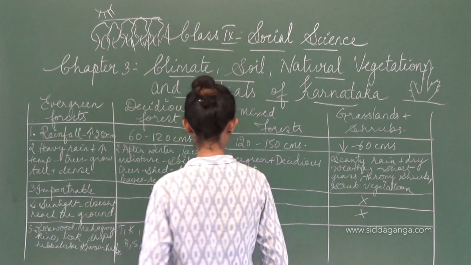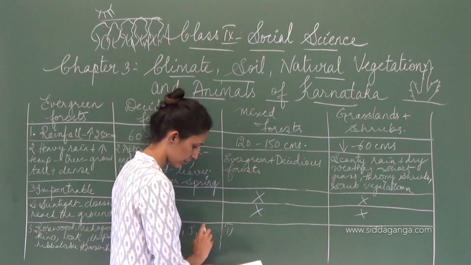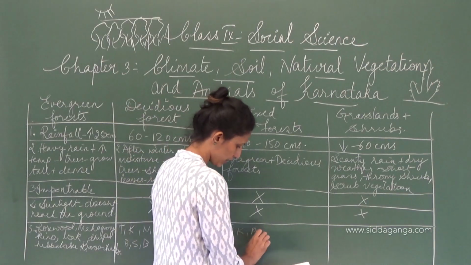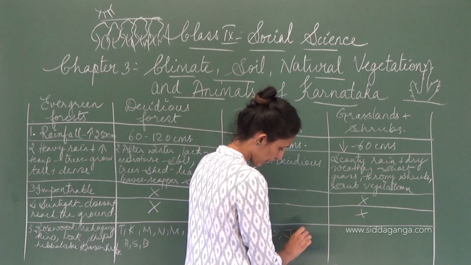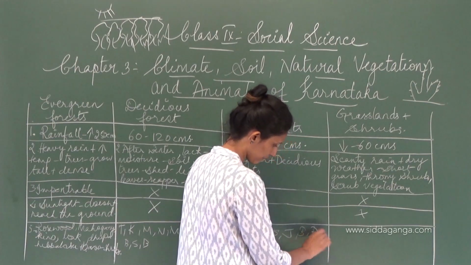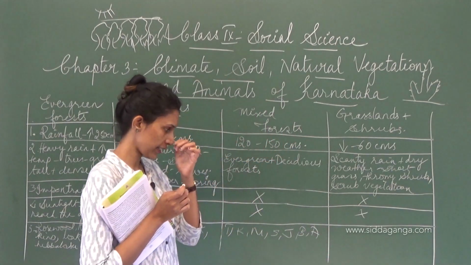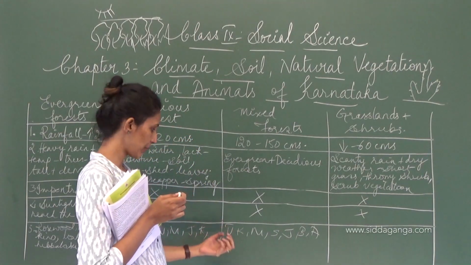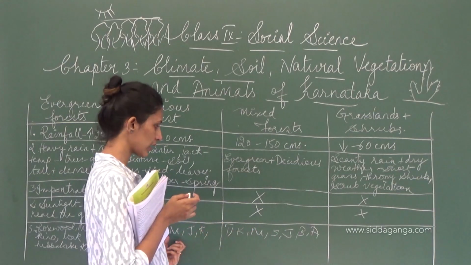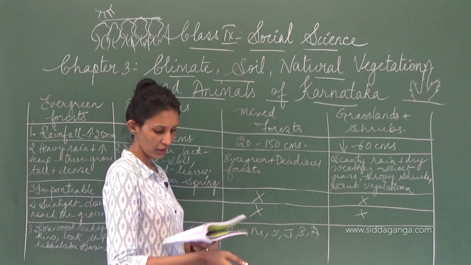Here again, see, in mixed forest also you have teak, kino, mahogany, sandal, jackfruit, bamboo and axle. So if you can see, trees especially teak, kino and mahogany repeat. In this, mango repeats here. So that's easy for you to remember.